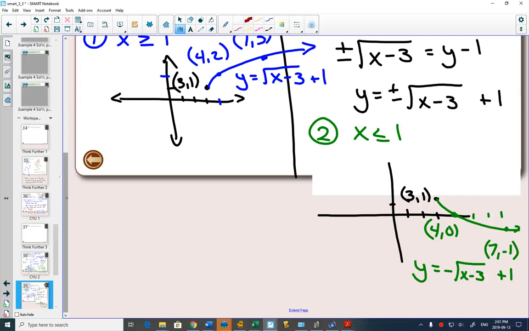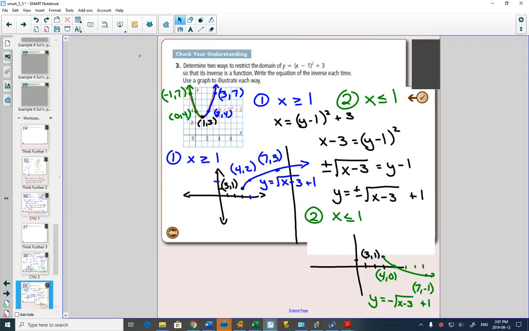So if we reread the question, determine 2 ways to restrict the domain. When you get this question on your quiz or your test, it's almost always a parabola that they use. And the 2 ways to restrict the domain is always based on the vertex.